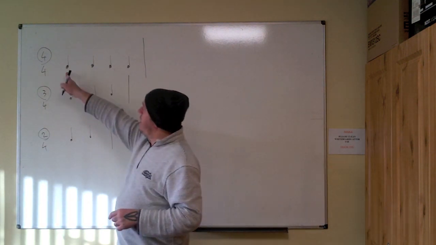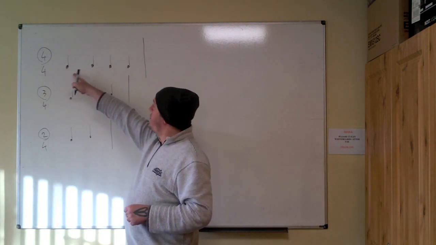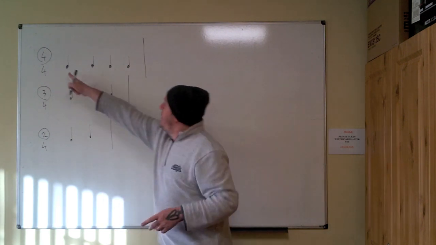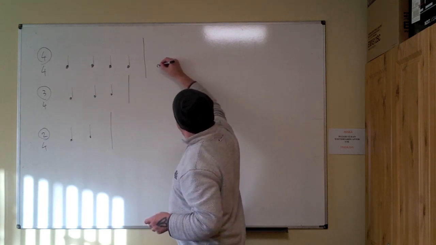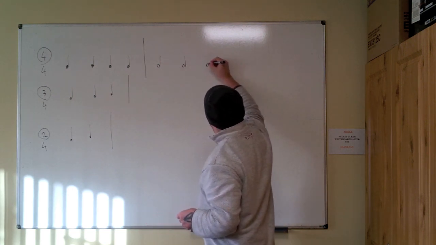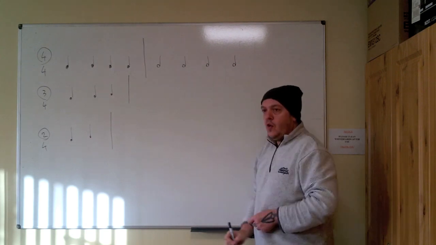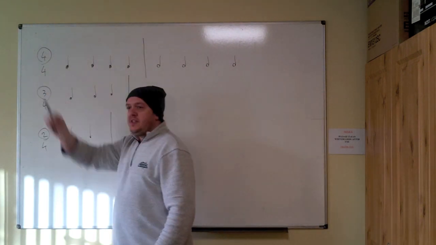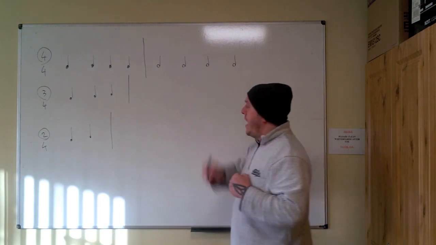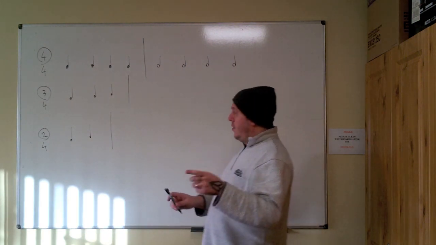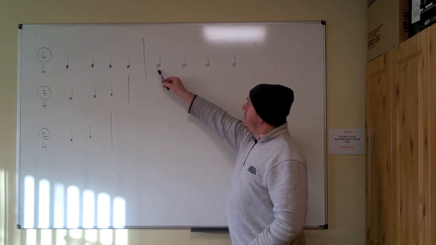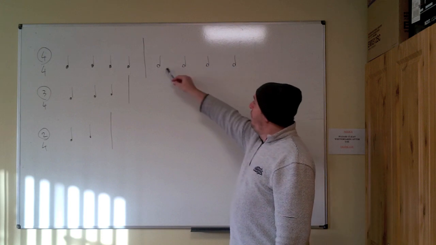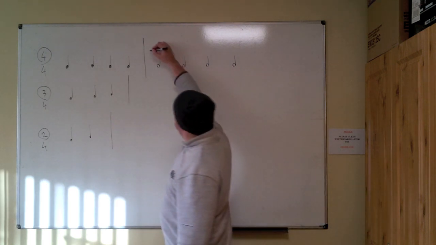Let's assume now they're not quarters anymore. Let's say they're halves. Instead of having 4 of these, I have 4 of those. What do you think the time signature is going to be now? How many beats do I have? It's still 4 on top.